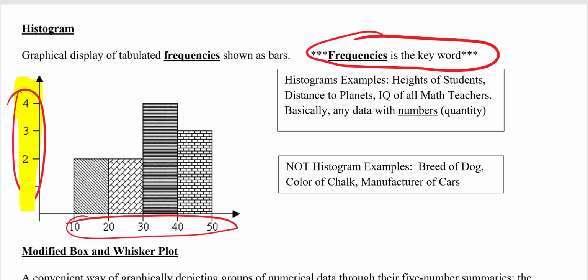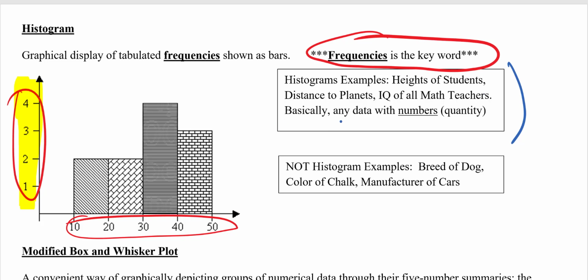Okay, so here, just a quick thing. An example of a histogram would be maybe the height of a student or distance to planets. So how frequently, right? You could say, how often does a person have a height of 6'2" or 6'1" or 5'11", 5'10"?